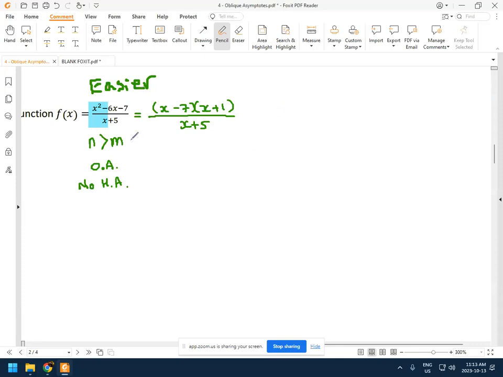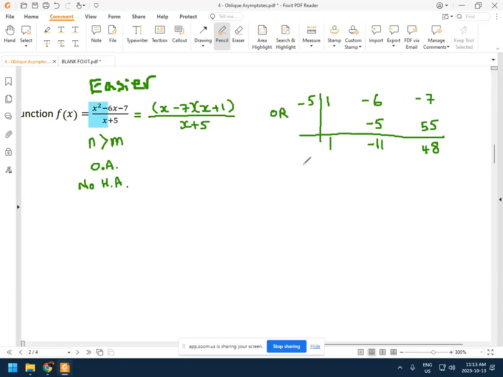So before we do any of the analysis, let's do the annoying part, which is the division. I am going to do synthetic division with negative 5. We've got 1 down, multiply, add, multiply, and then add.